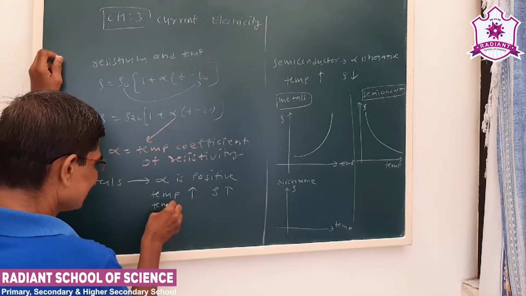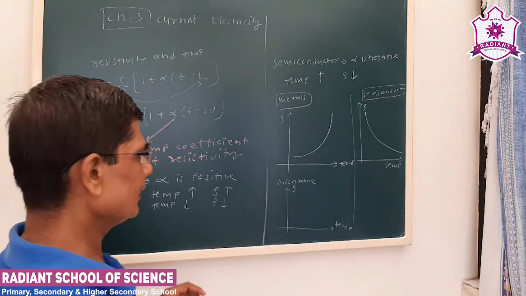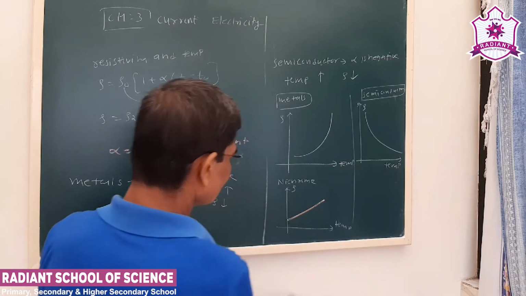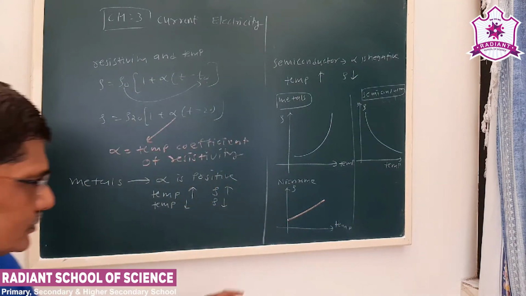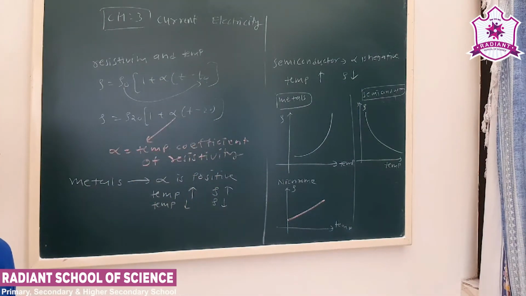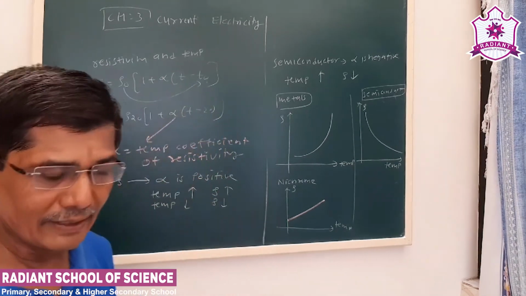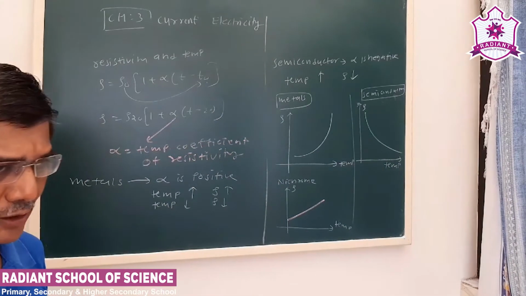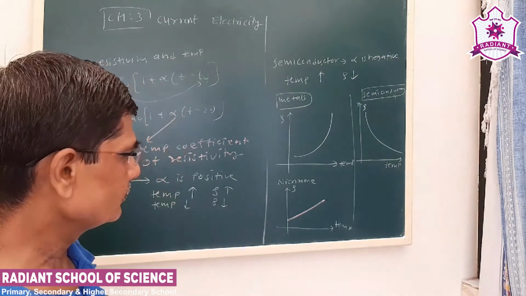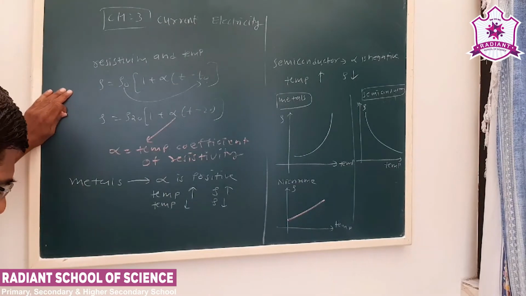So similarly here. But nichrome has a peculiar property. Even at 0 degrees Celsius, it has some finite resistivity. So that property of nichrome makes it useful in making heating coils of a room heater or a water heater. So this is about resistivity and temperature.